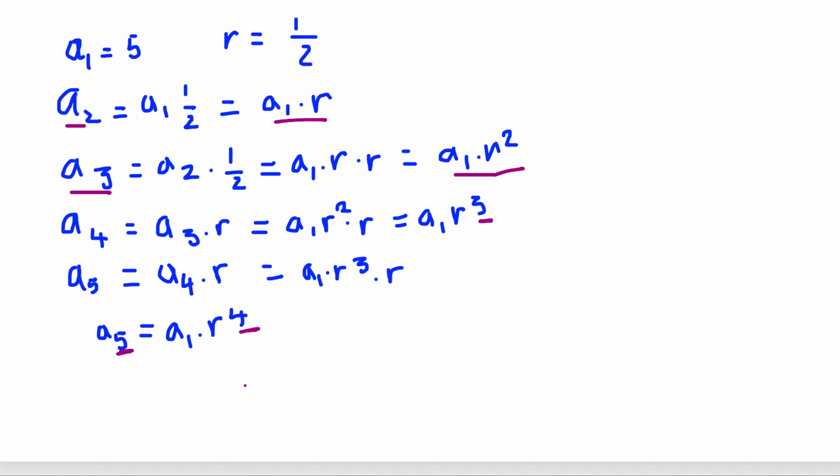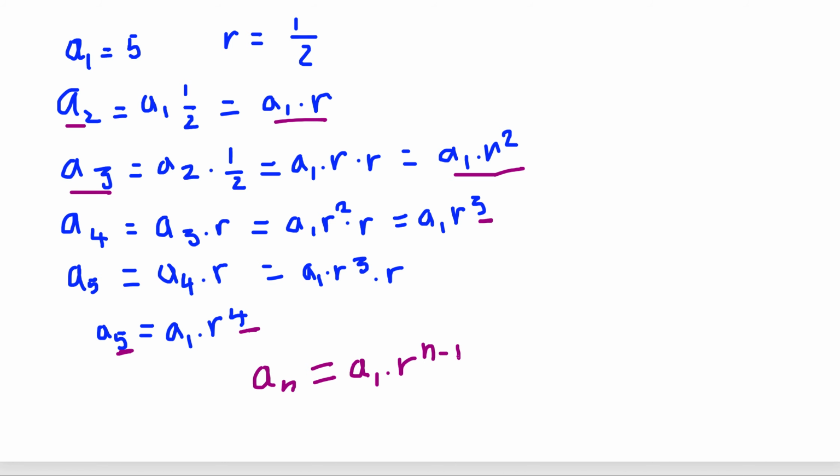If we want to generalize this form, for a term n, the current term is equal to A1, the first term, which never changes, times r, the common ratio, but the exponent is 1 less than the number of the term. It means n minus 1.